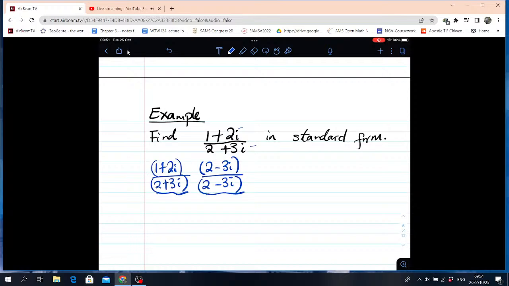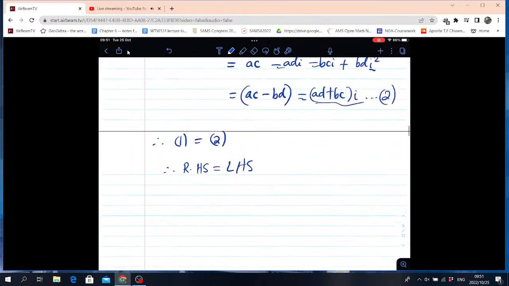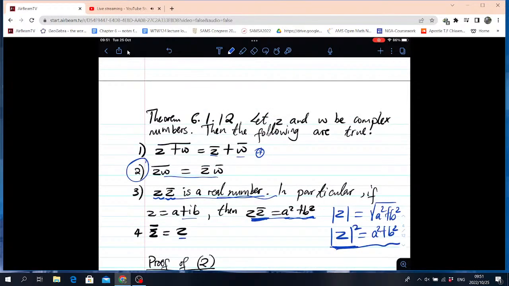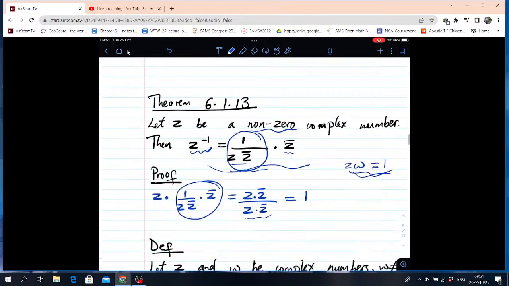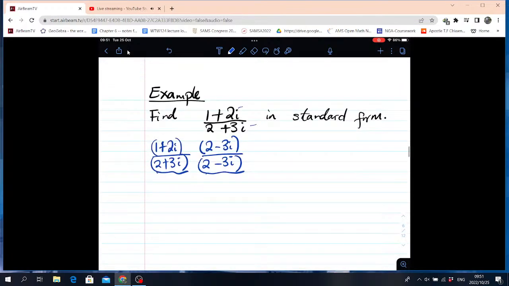Because once we do that, at the bottom we are going to get some real number. That's the idea there. When we multiply this with its conjugate, we are going to get some real number.